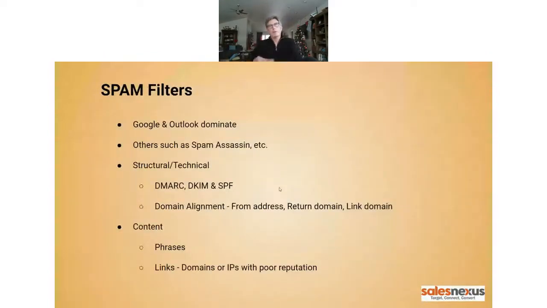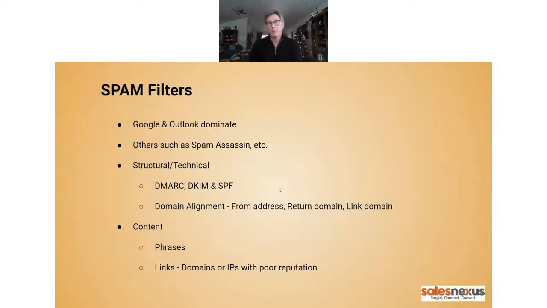Okay, so let's talk about spam filters for a minute, because this is what's really changing and evolving, sort of every day now. You just kind of have to stay up with it and at least be aware of what's happening. Number one, I forget now, but it's something like 75, 80%, especially in the business world, of your emails are getting read in Gmail or Outlook.